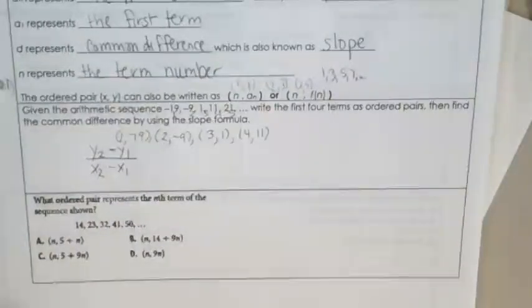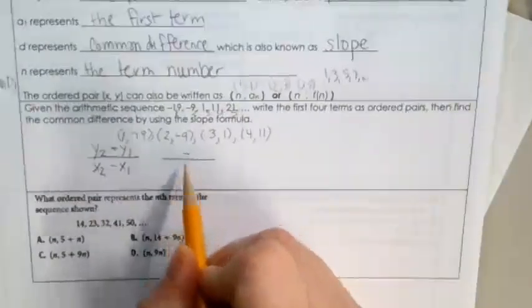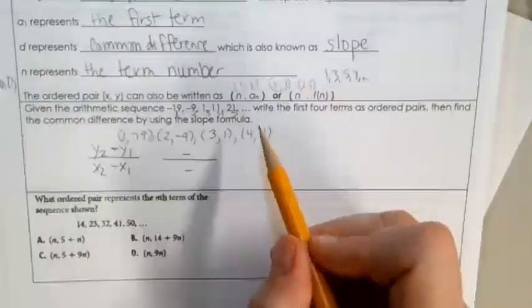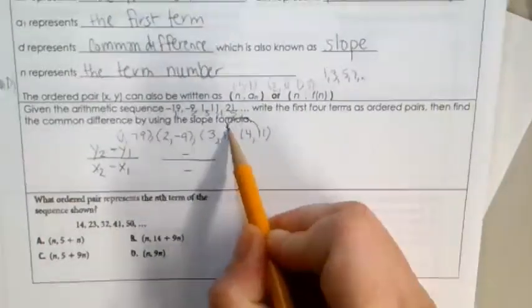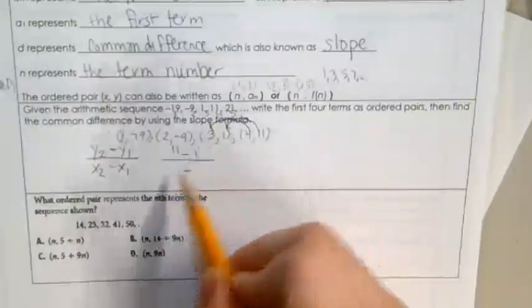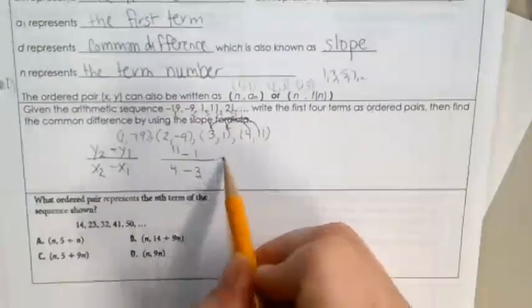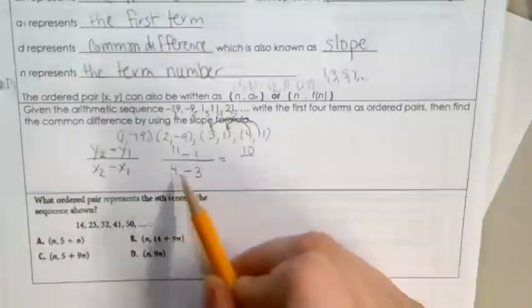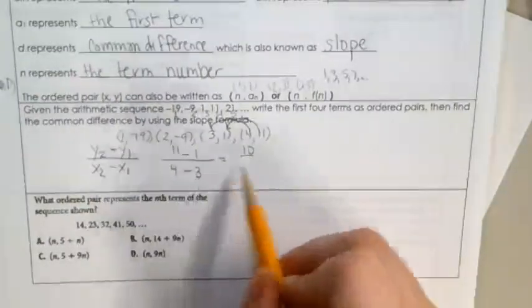Those subscripts mean just the first point, the second point. So I'm going to do fraction minus minus. Remember I talked about that helps me with my negatives. So then I'm going to do 11 minus 1 over 4 minus 3. So 11 minus 1 is 10. 4 minus 3 is 1.